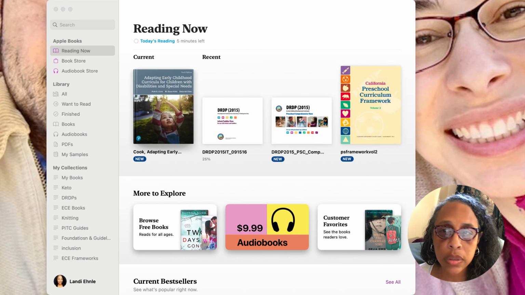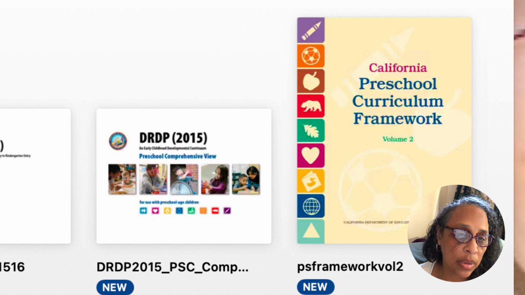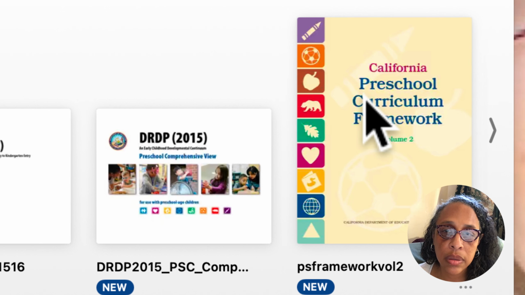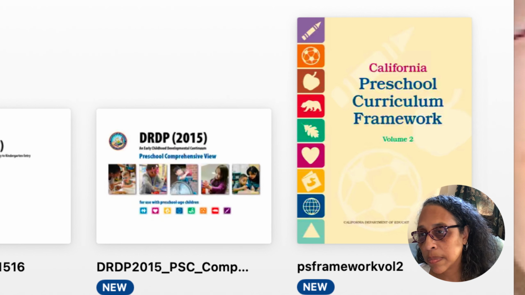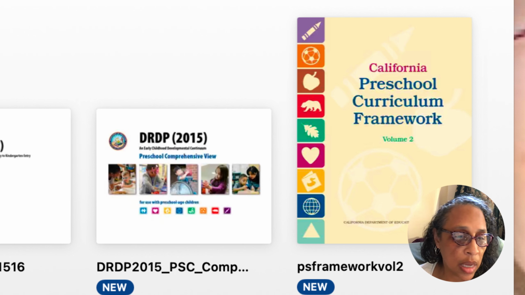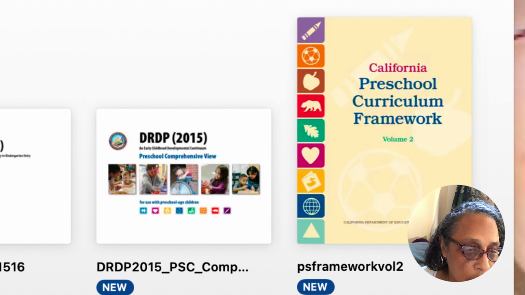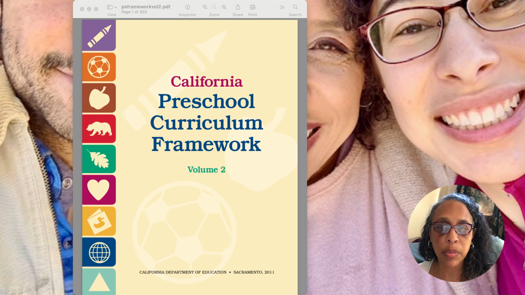So this is what it looks like. It's the Preschool Curriculum Framework book, volume 2. There it is. All right, I'm not sure you guys can see that. 100 windows just opened on me. Here it is. Okay, here's our framework book.